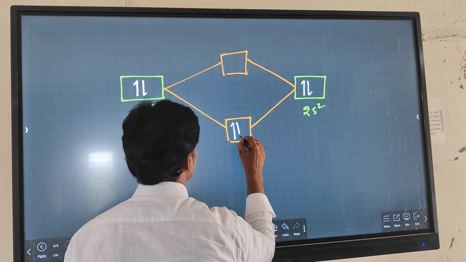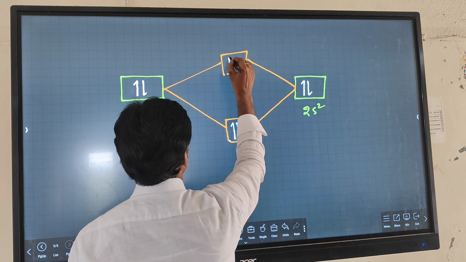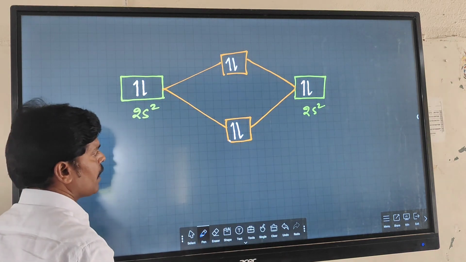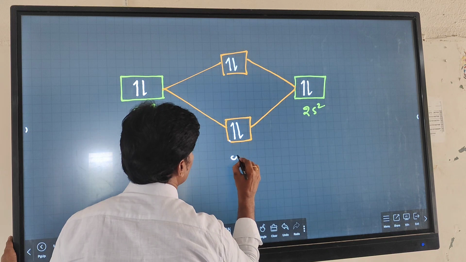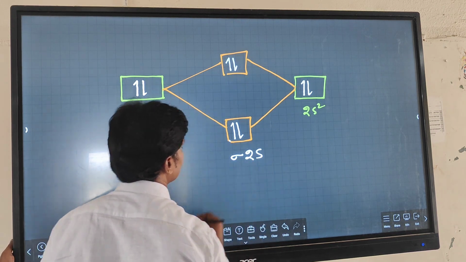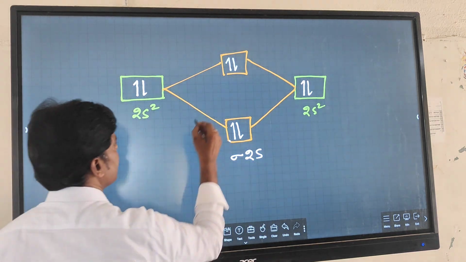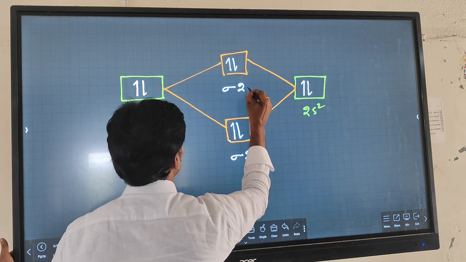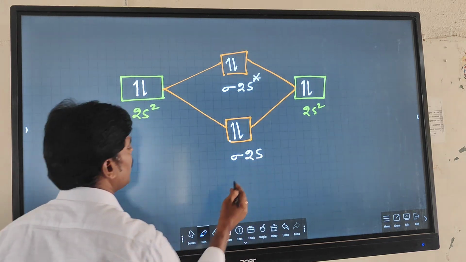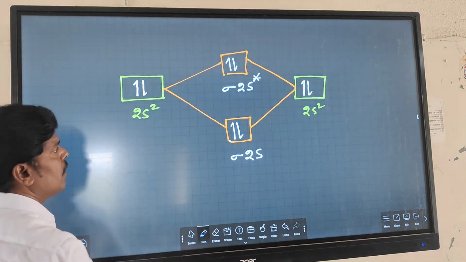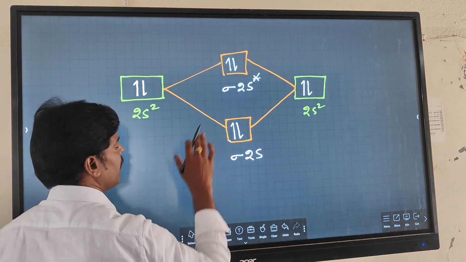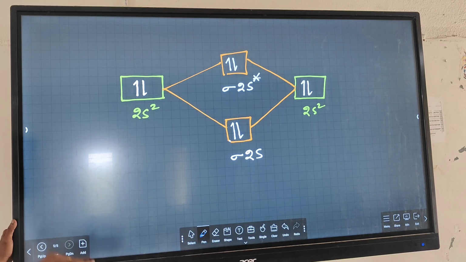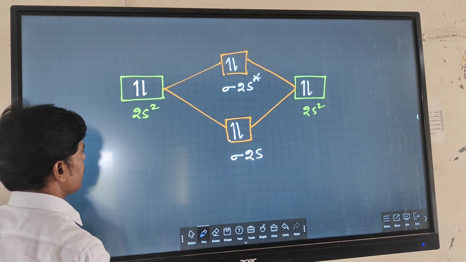I give 2 electrons for this one and 2 electrons for this one. The name of this orbital is sigma 2s, and this one is sigma 2s star. So this is a bonding orbital. This sigma 2s star is an anti-bonding orbital, because anti-bonding orbitals have more energy than bonding orbitals.